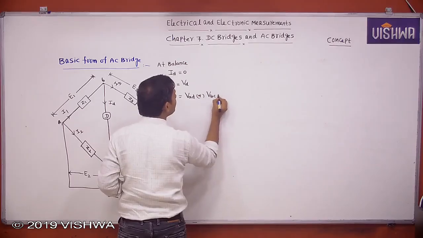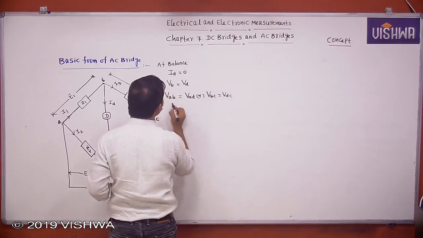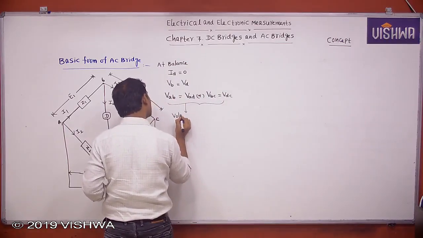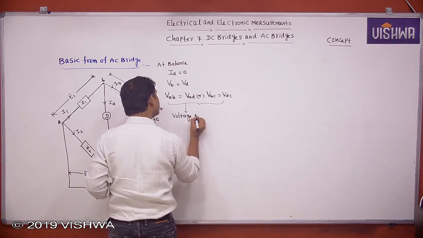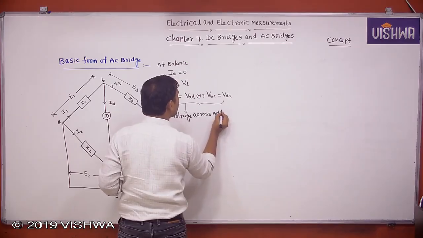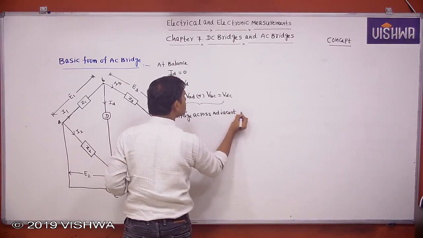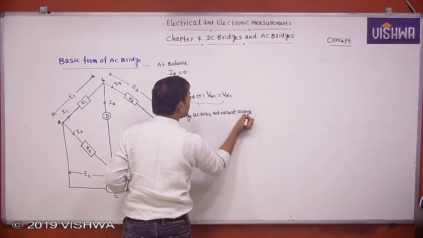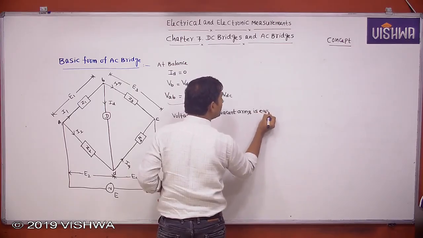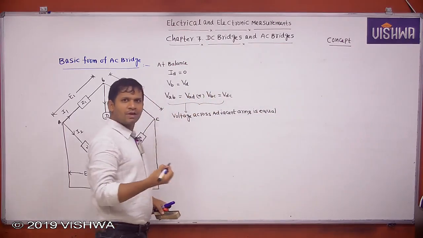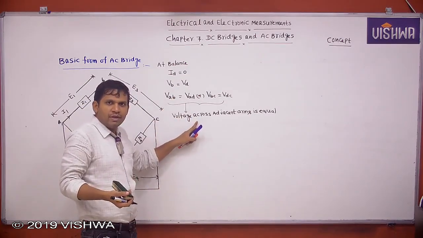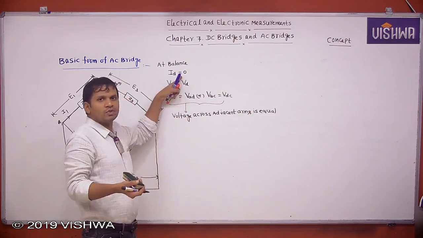What do these conditions indicate? Voltage across adjacent arms is equal. These are not different conditions. All these are one condition only. If this condition is satisfied, then this is also satisfied. That is the meaning.